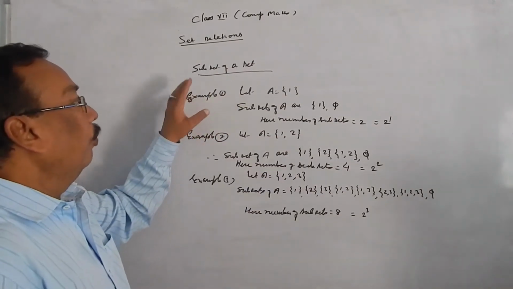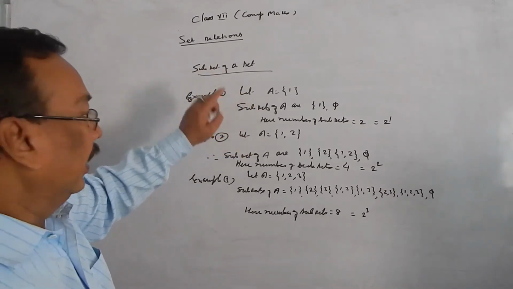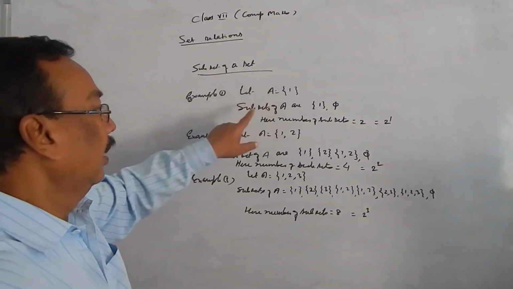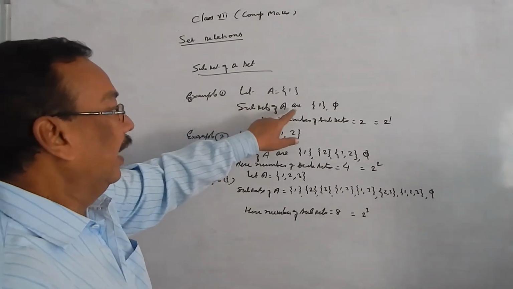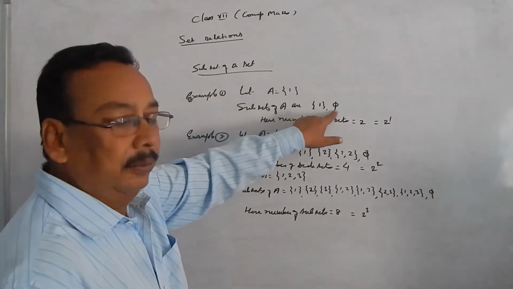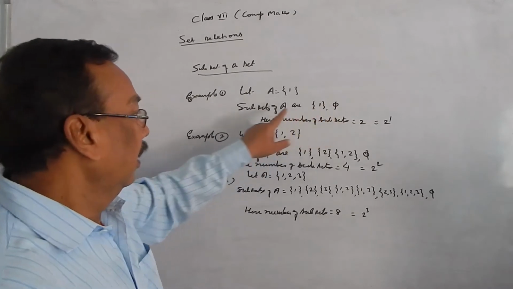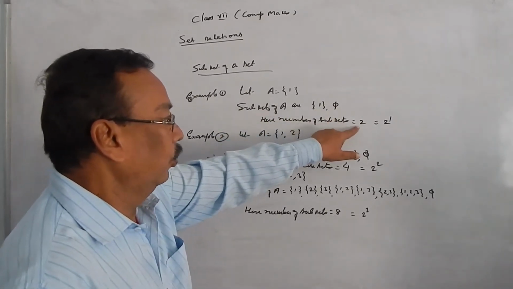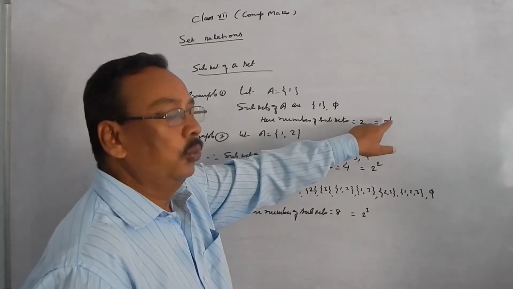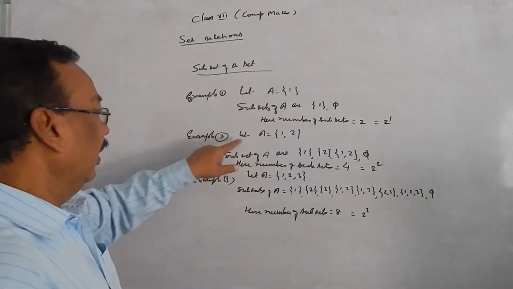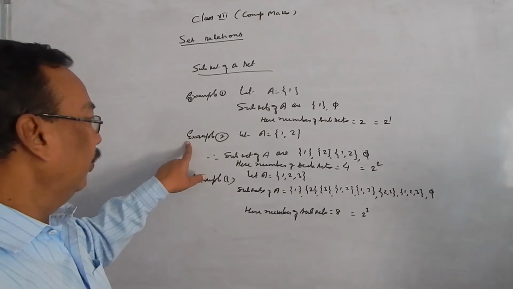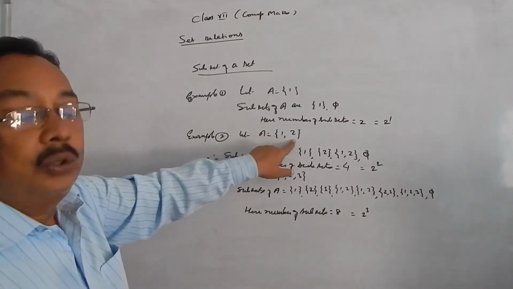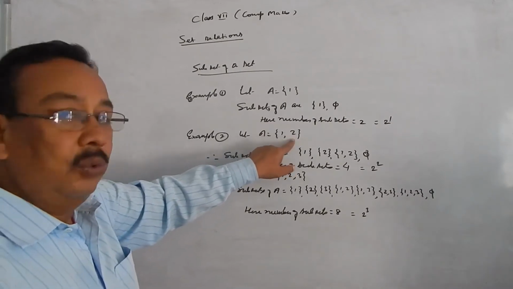We consider how many subsets can be written for a set. We are taking set A with only one element. Then subsets of A can be written as {1} and phi. Phi means null set. Here the number of subsets is 2, which can be written as 2 to the power 1. Similarly, in the second example, set A contains the two elements 1 and 2.